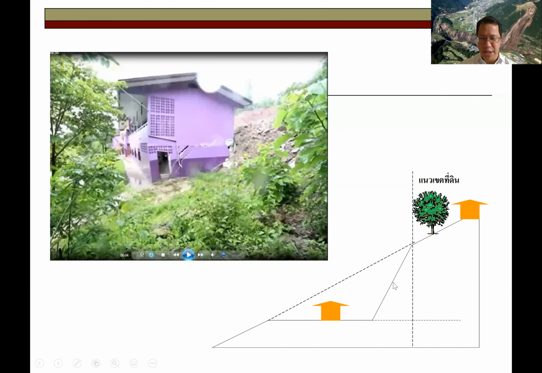They did some benching, which means you cut it as steps, but that may not be enough. During the heavy rainfall, this slope moved and finally you can see the mass of soil pushed this building and the whole building collapsed.